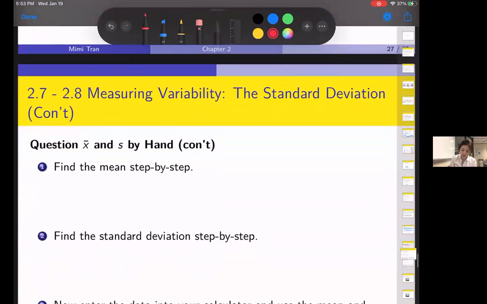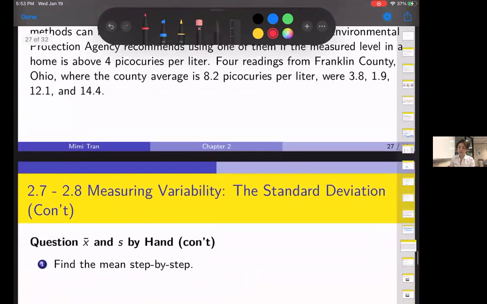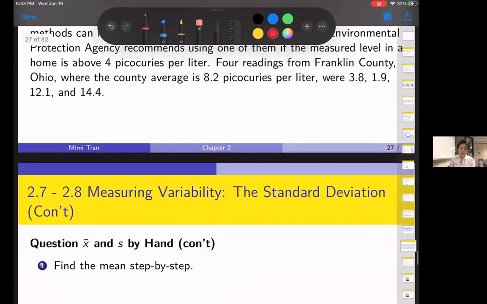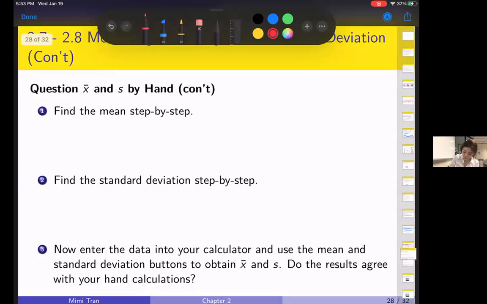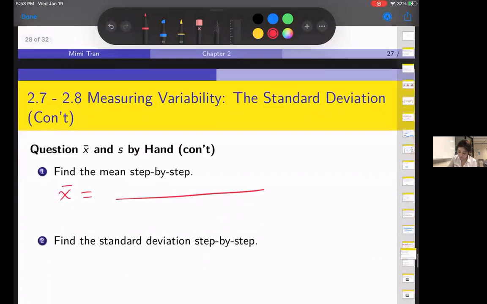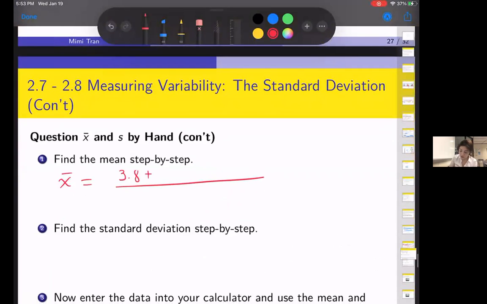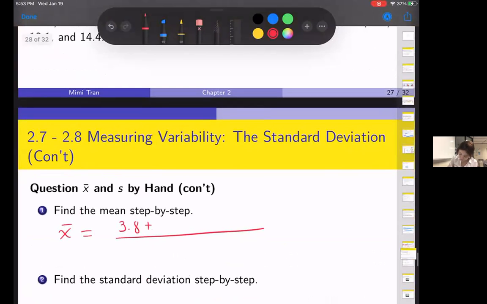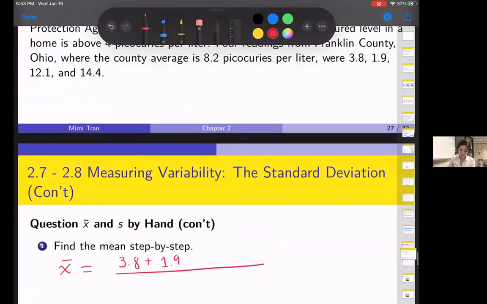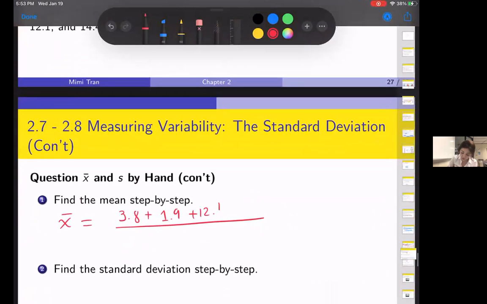So the mean is just the average of all of these 4 values, right? So you add them up. The sample mean is x bar. So it'll be 3.8 plus 1.9 plus 12.1 plus 14.4 divided by 4.